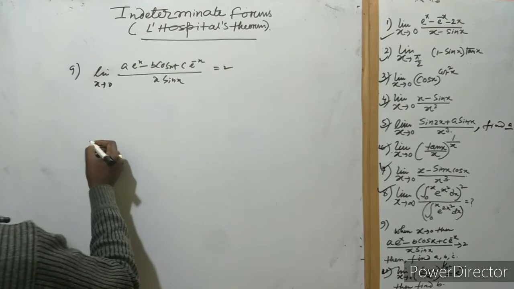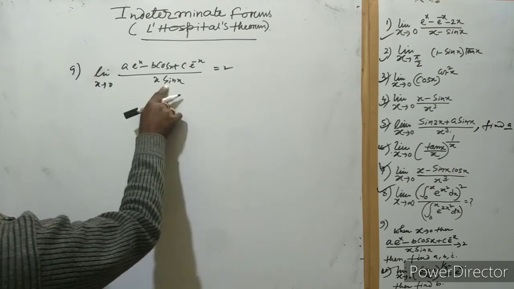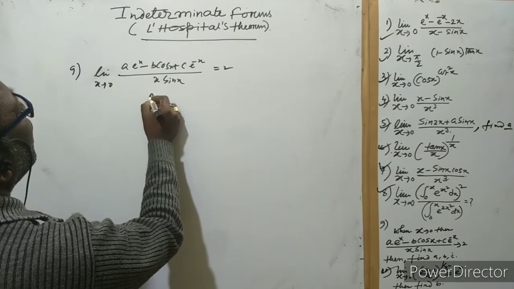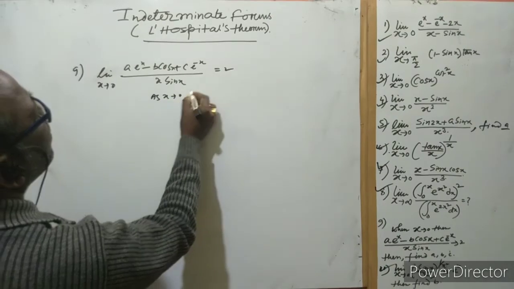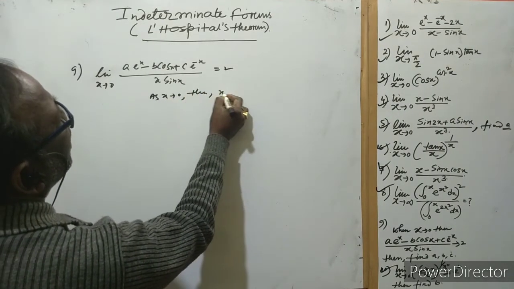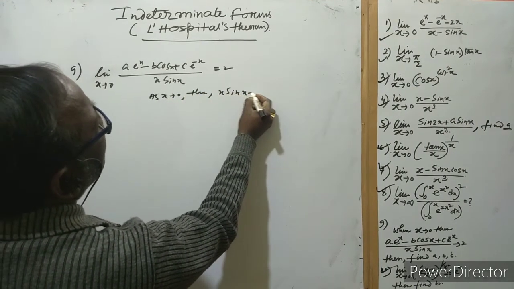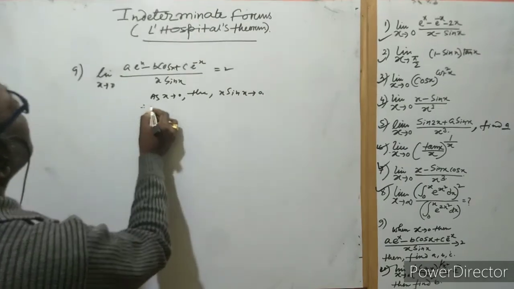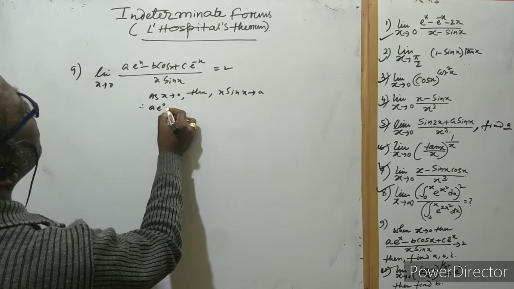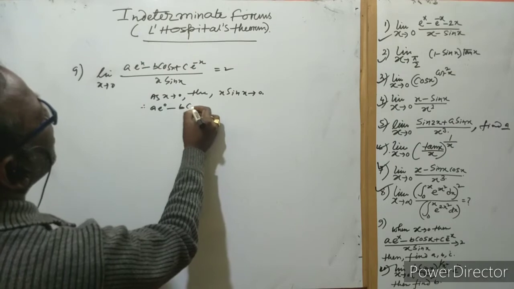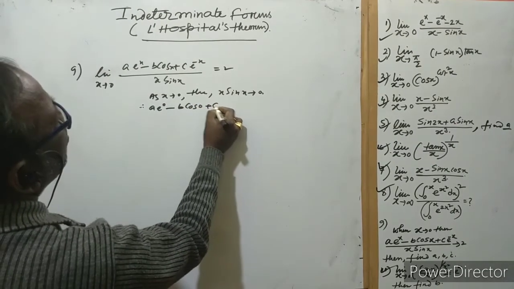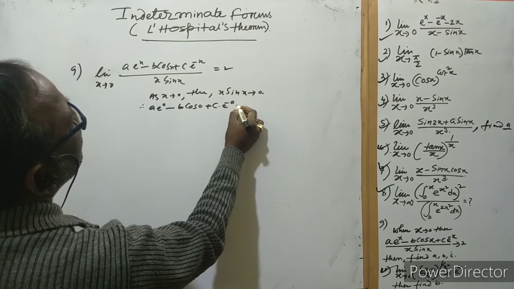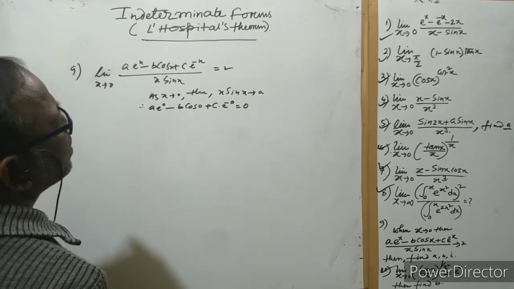So since this is 0, as x tends to 0, then x sin x tends to 0. Therefore, a e to the power 0 minus b cos 0 plus c e to the power minus 0 equal to also 0.